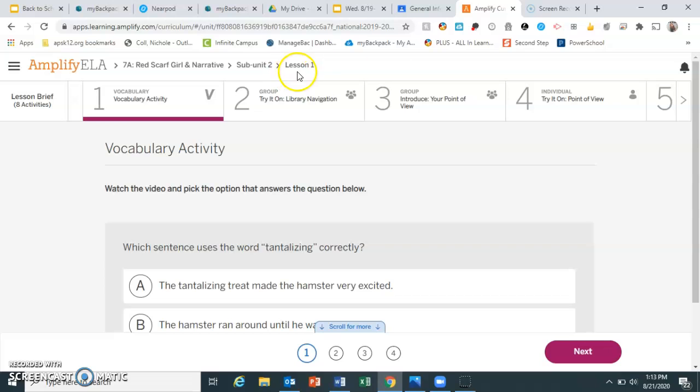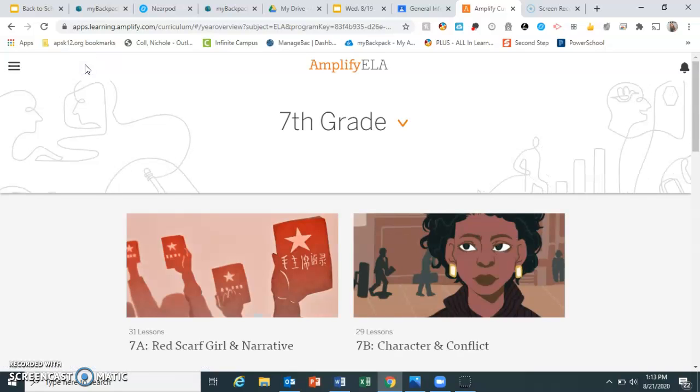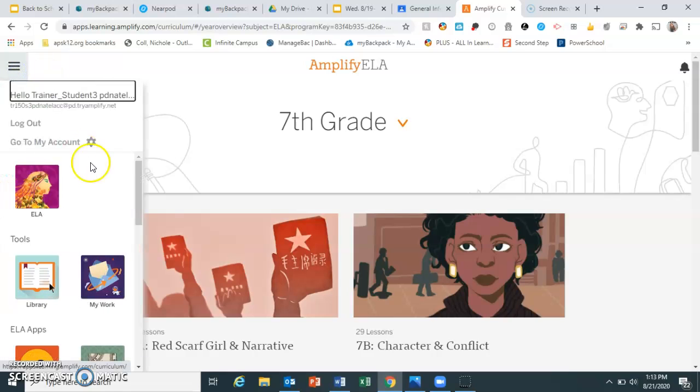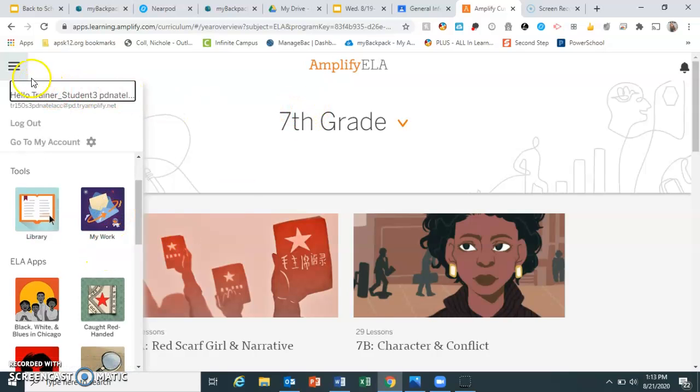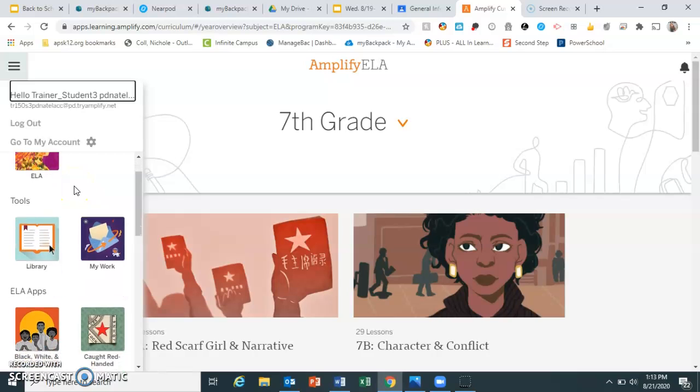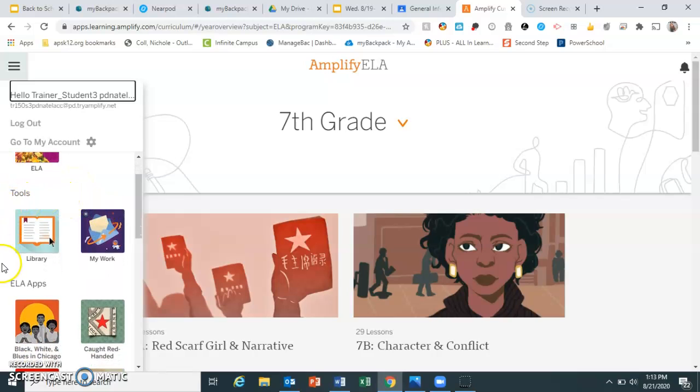Along with the units and the lessons, Amplify also hosts some fun games that go along with our text that we're going to be reading, and it houses a library. As you can see, once I clicked on this navigation bar over here, I was able to see some tools, like I mentioned before, the library, where you can check out any book that you want.